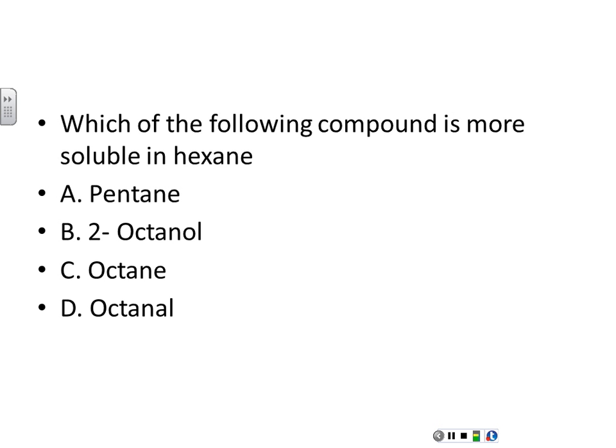What's the force in water? H2O. So the structure is like this, correct? What's the force? H bond. So it would be 2-octanol, which one has 2-octanol already? Is it clear? So you need to consider the solvent in which you are dissolving. And as long as the force matches and it's smaller, it's good.